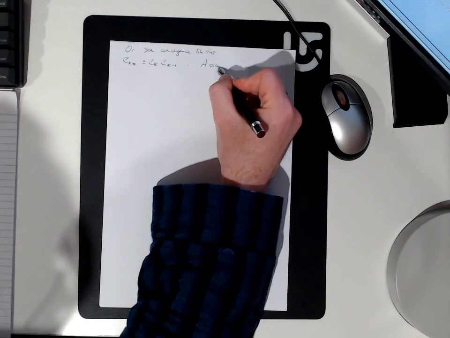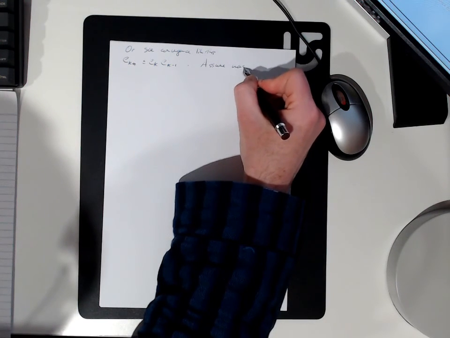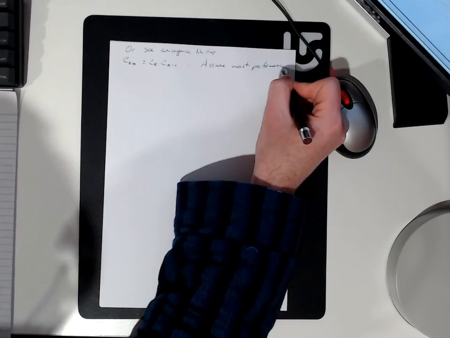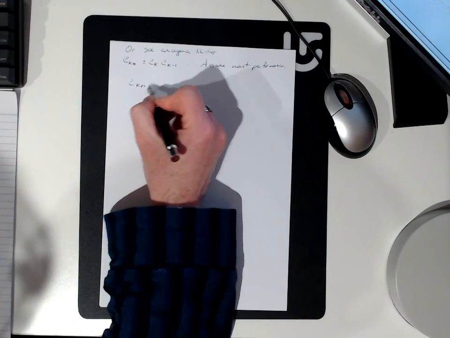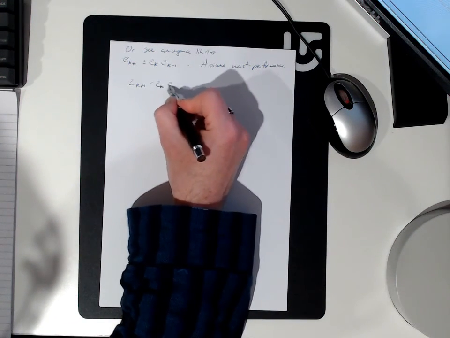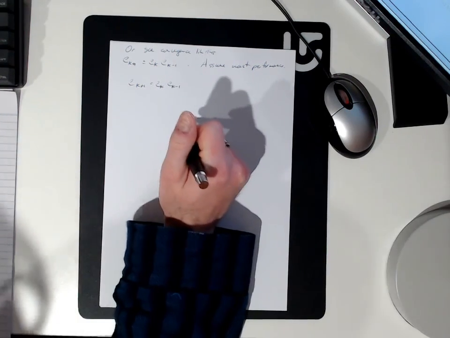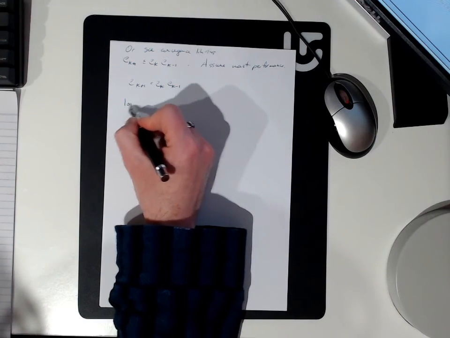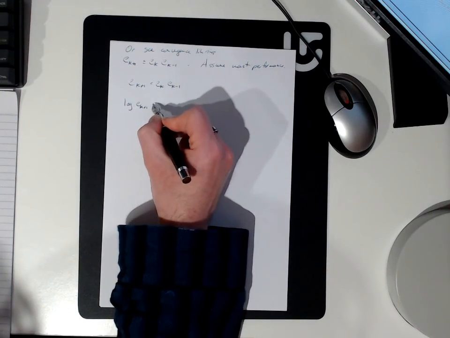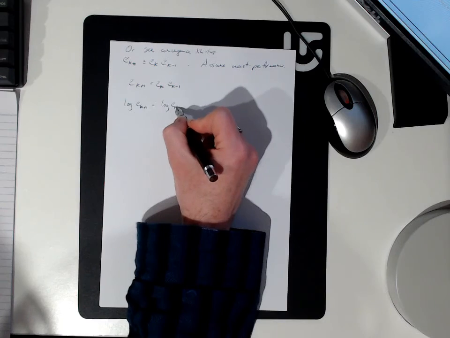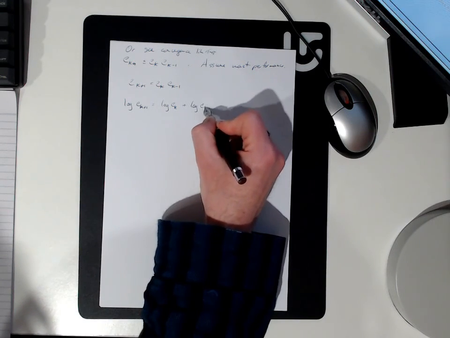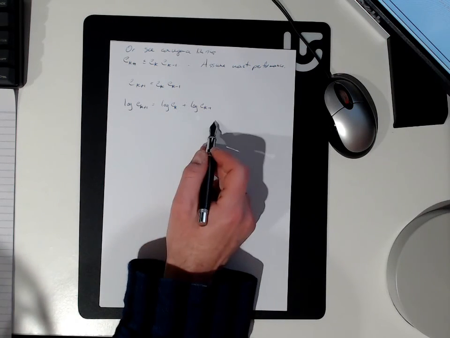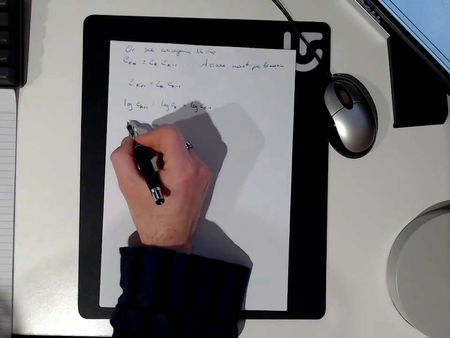Assume worst performance. Then we have e_{k+1} is equal to e_k times e_{k-1}. Alright, this means we have log of e_{k+1} is equal to log of e_k plus log of e_{k-1}. This is a recurrence relation, and its solutions can be shown to satisfy a certain property.